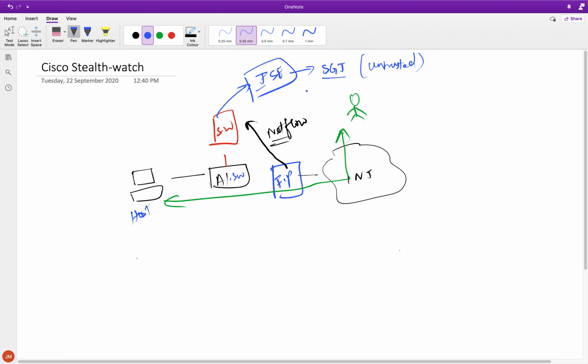Let me just reiterate this. Stealthwatch alone probably will not solve your problem. In the security infrastructure of an enterprise, you would obviously want to bank on multiple different checkpoints or defense strategies at different layers.